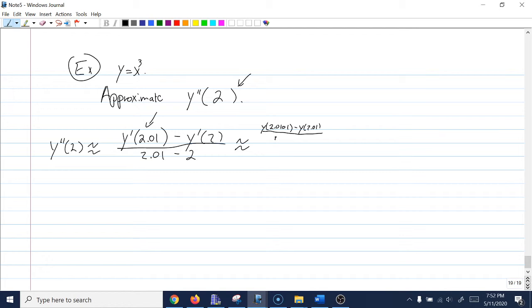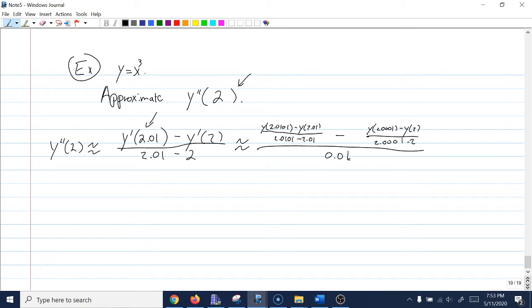Divide that by 2.0101 minus 2.01. Minus, here I need y prime of 2, so I pick a number very close to 2, let's say 2.0001, minus y of 2, divided by 0.0001.